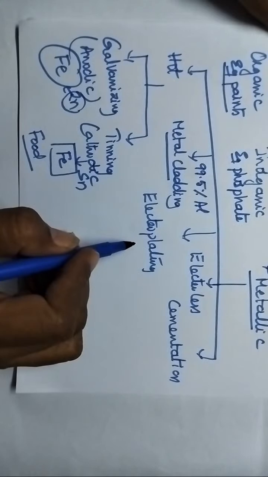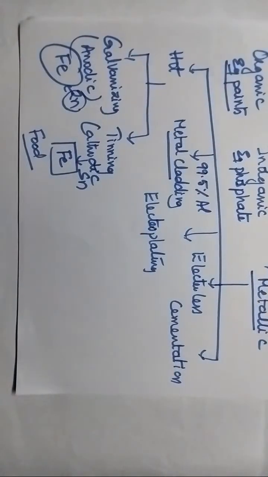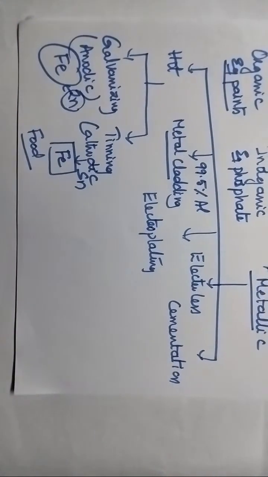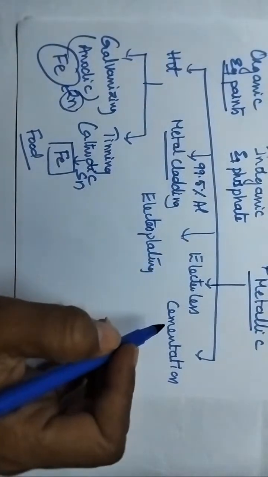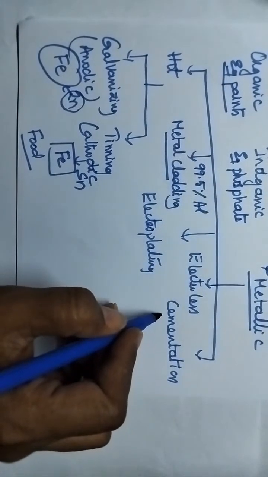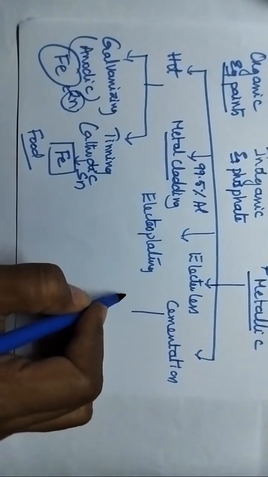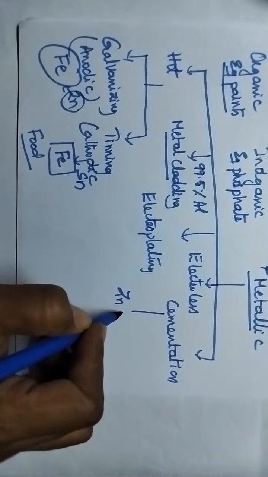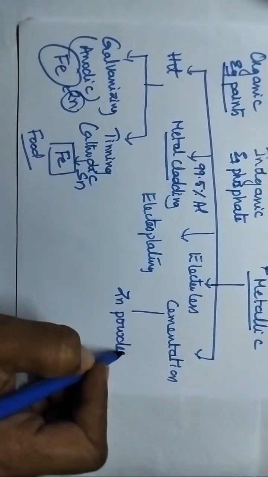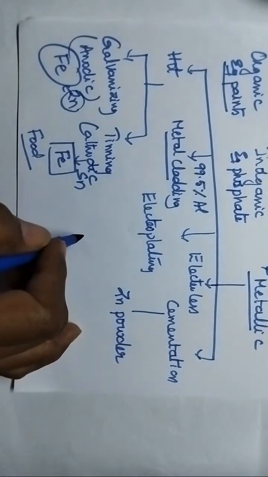Electroplating involves the protection of the metal with the desired method. Coming to the cementation process, it involves the coating of articles with zinc powder. This is all about the corrosion control methods.